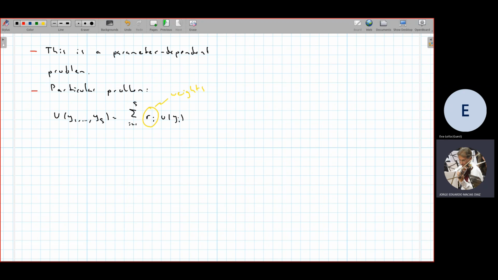In fact, r_i is going to be the probability that state i occurs.